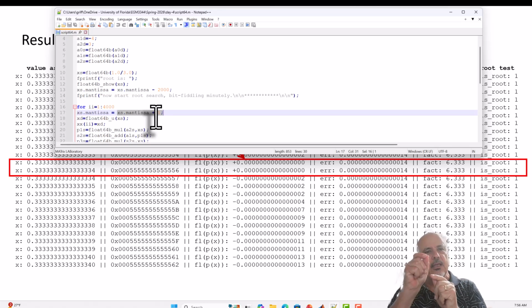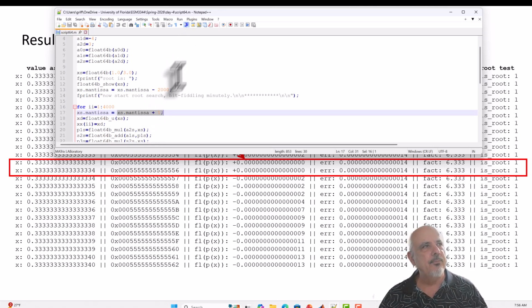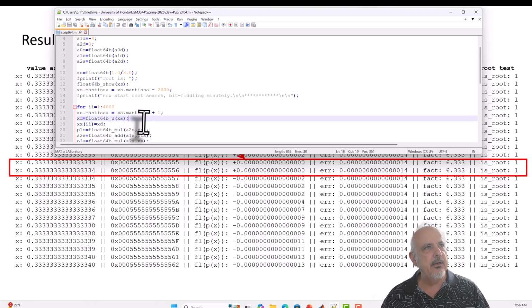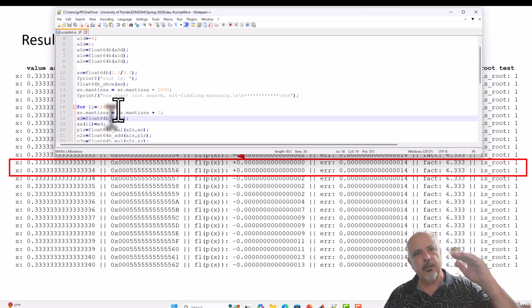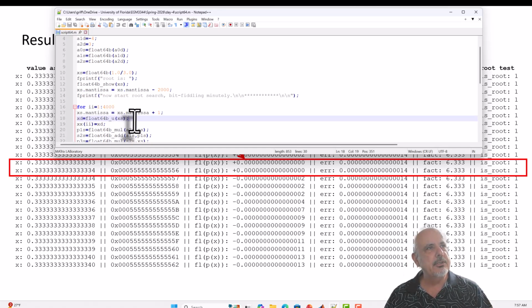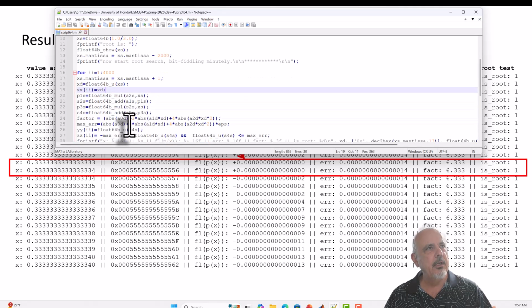I'm bit fiddling down there at the mantissa level. And when I do that, I'm able to cover that whole span, because I'm doing the for loop from 1 to 4000. So I'm starting with a mantissa that is 2000 below where 1/3 is, and then I'm going to increment the mantissa in the for loop 4000 times. So eventually I will cover the 1/3 location, and it'll be about in the middle is how it works. So that should be straightforward.